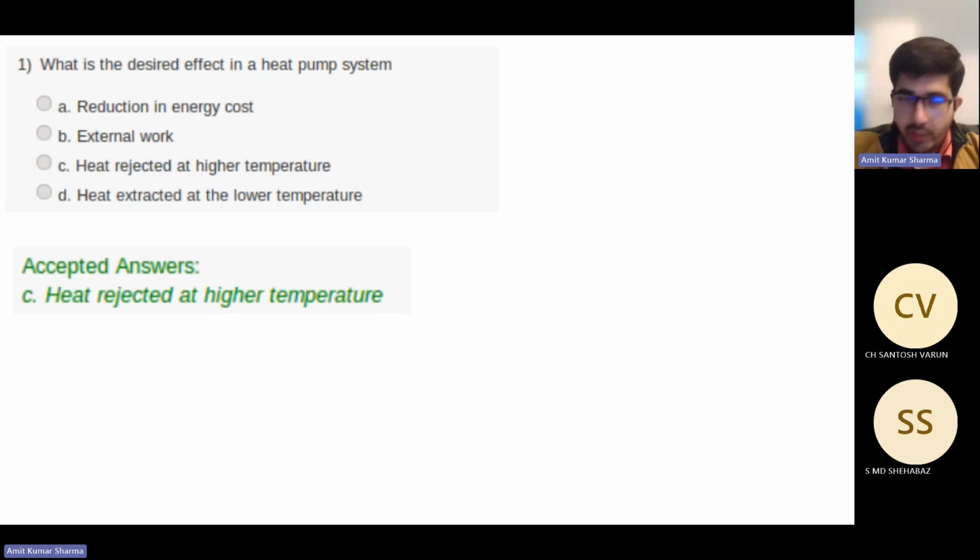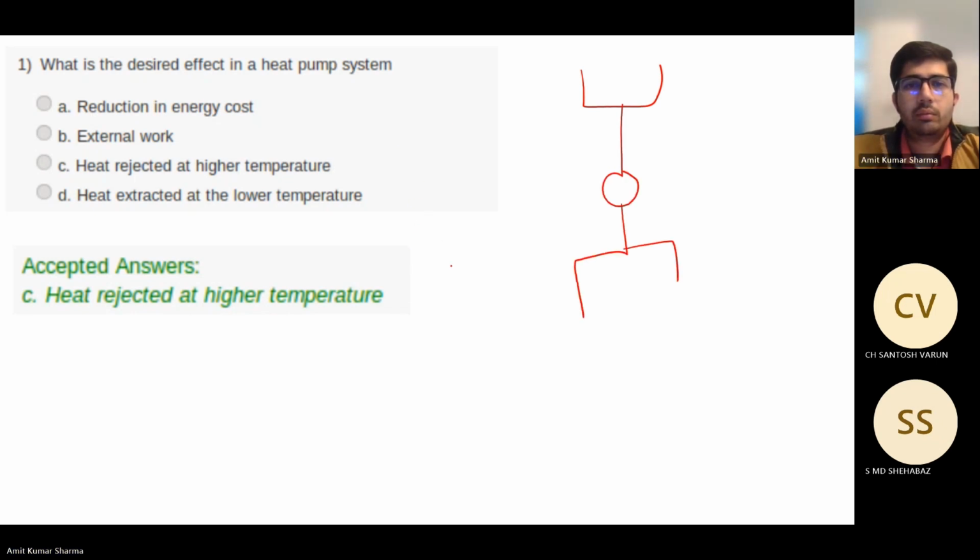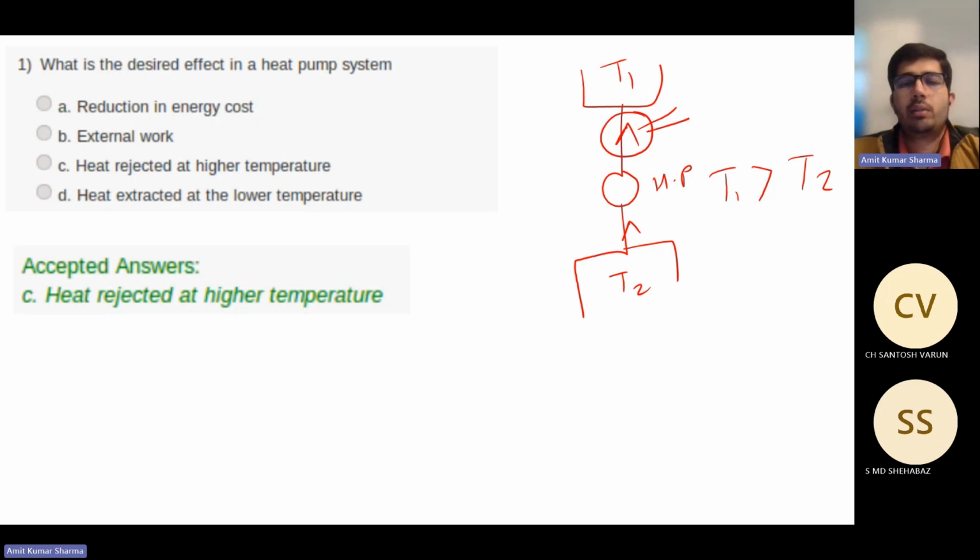So the correct answer is heat rejected at high temperature, because we know, this is the basic schematic. This is T1, this is T2, and T1 is greater than T2, and this is the heat pump. In the heat pump, this heat has importance because our main objective is to maintain the temperature T1.